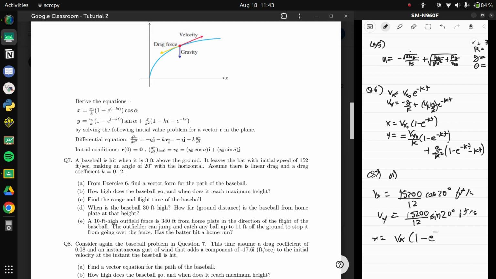So 0.12 what? I think it's 0.12 per second. It's probably the only sane explanation. This 12 should not be there actually. Neither should this one.